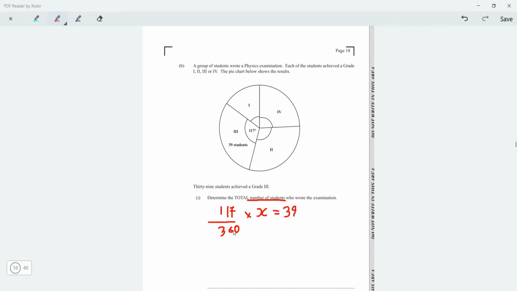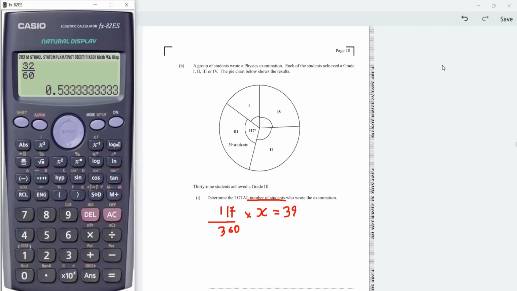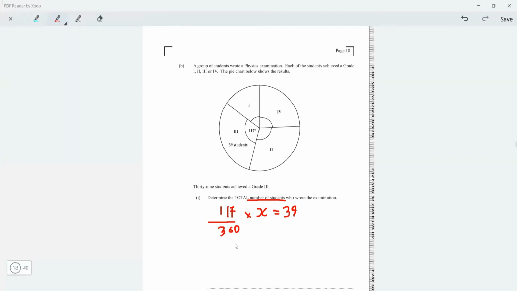Now 117 over 360, you can punch that into your calculator. 117 divided by 360, we get 0.325. So what this means is 0.325x is 39.